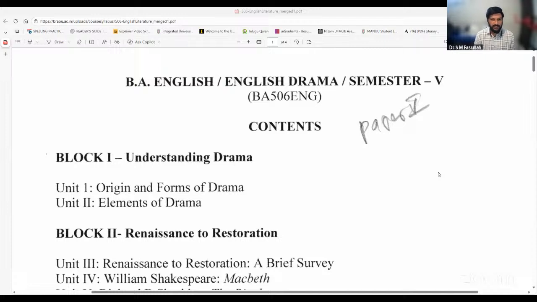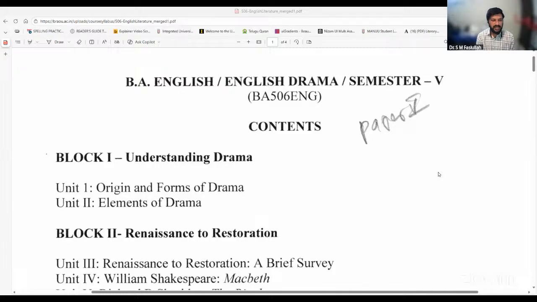First of all, we'll try to understand what are the different topics that we are going to study in this course. Now, let me tell you that the Ambedkar University syllabus has a definite structure.